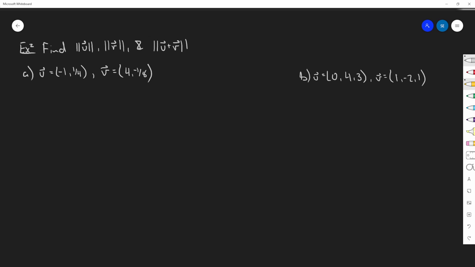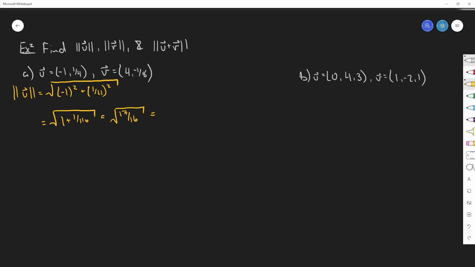For the magnitude of u, again, the usual: the square root of the sum of the quantities squared. That fraction does not look really nice. So we get the square root of 1 plus 1 over 16, which is equal to the square root of 17 over 16.